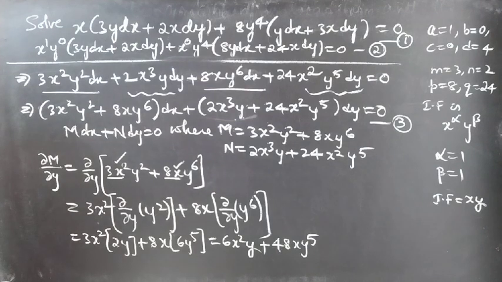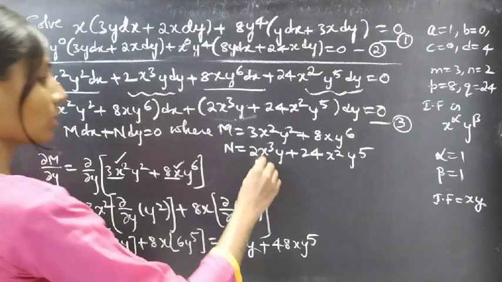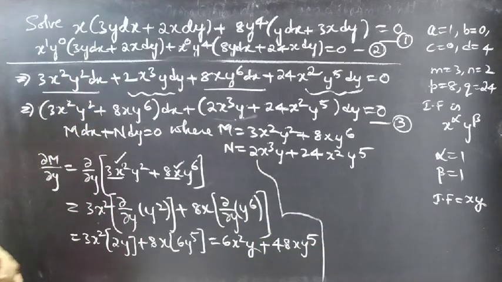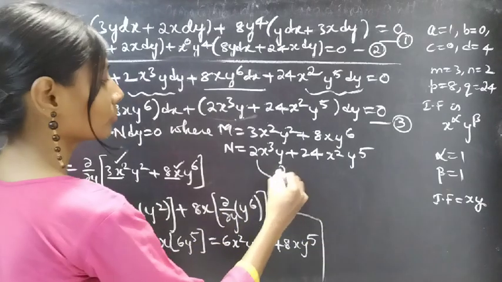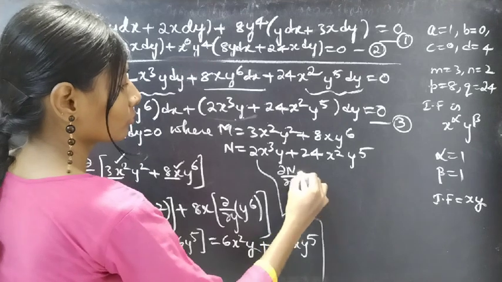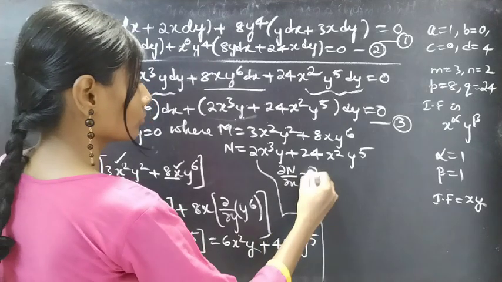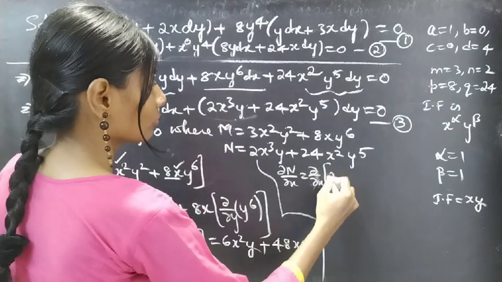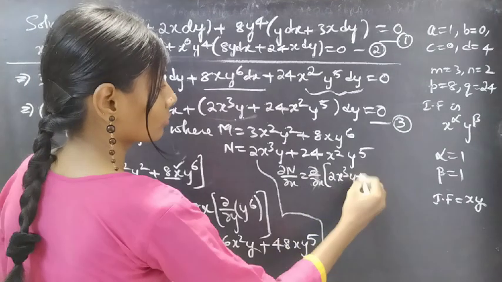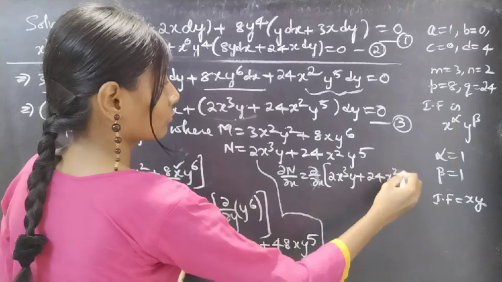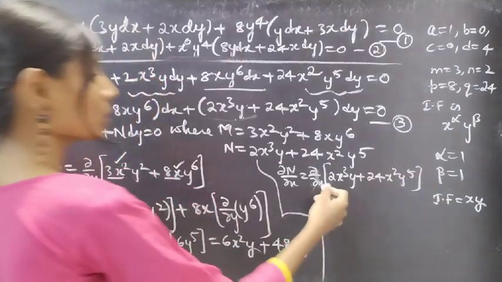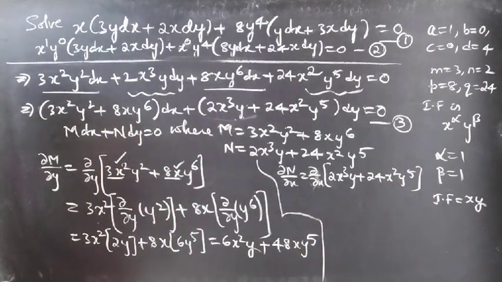Okay, let's now find the partial derivative of N with respect to x. Here we need to find the partial derivative with respect to x, so y is treated as constant.